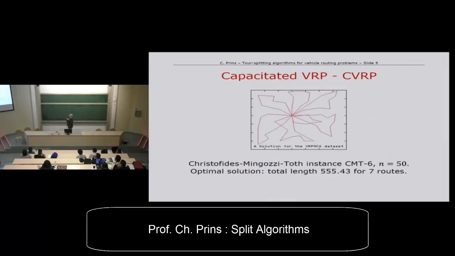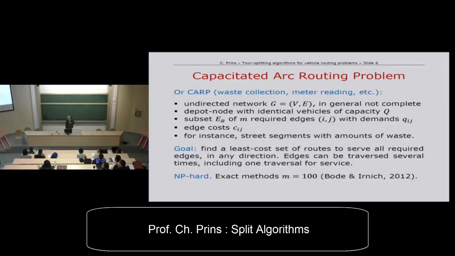Here is a typical solution for Euclidean instances. The customers correspond to points in the Euclidean plane, and it is a classical instance, CMT6, with 50 customers. You see the depot is more or less in the middle, and the different routes look like a flower with its petals.